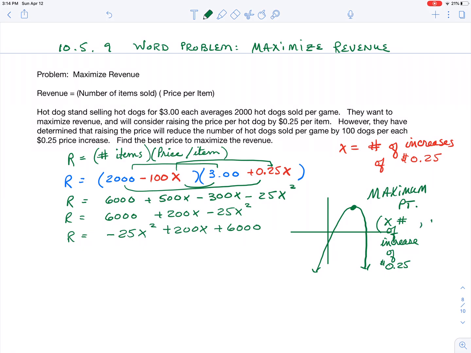And the second number is going to tell me the maximum revenue. Because you can see the equation over there leads off with the letter R. That is equivalent to the Y value. So R is the Y position, the Y coordinate, and X is going to be the number of increases of 25 cents. So I'm looking for the vertex.